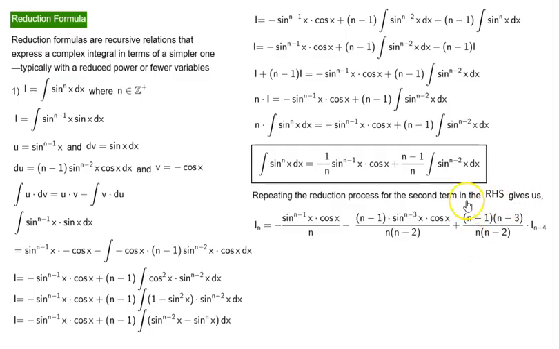Okay. So when we do that, we will end up with I_n is equal to, the first term was already there, and these two terms have come up by integrating this. But in the last one, we have I sub n minus 4. So n minus 2, n minus 4.